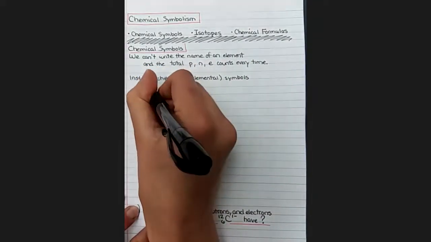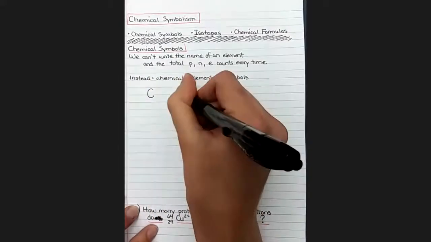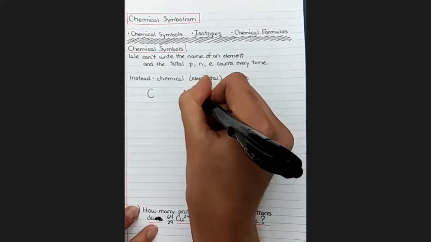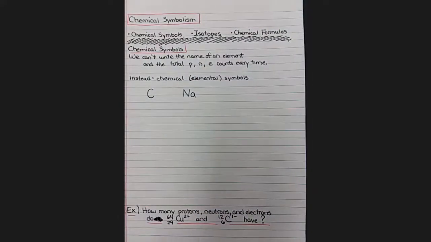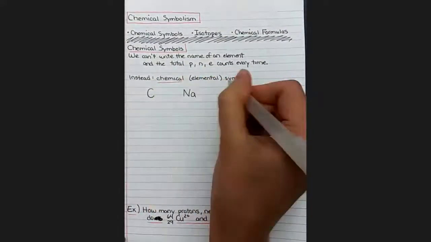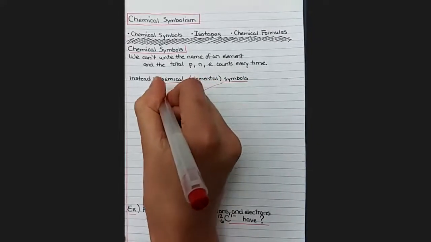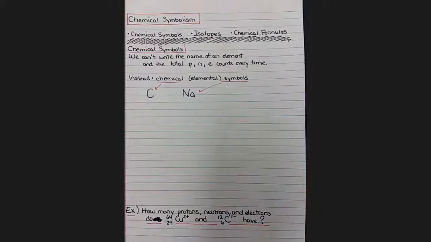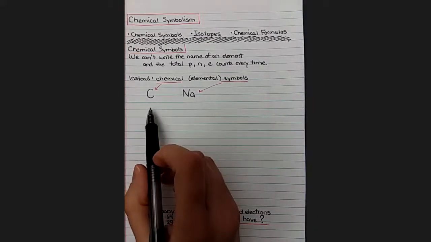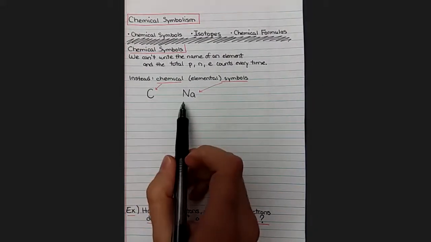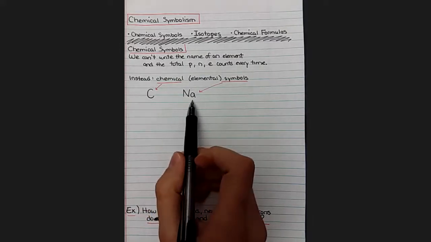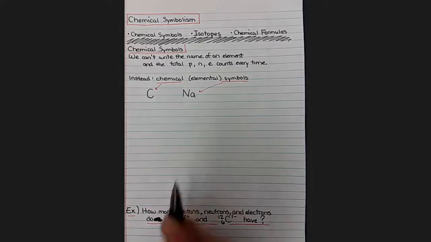So the symbol for an element might look something like this: C for carbon, or you might have seen Na for sodium. So these 1 or 2 letter combos, those are the chemical symbols. So they can be 1 or 2 letters. The first letter is always capitalized. There may or may not be a second letter, and if there is, the second letter is not capitalized.